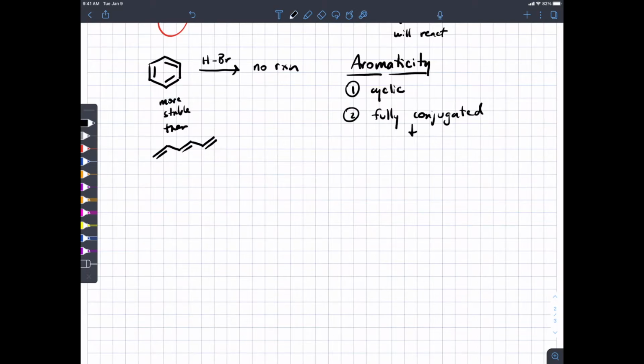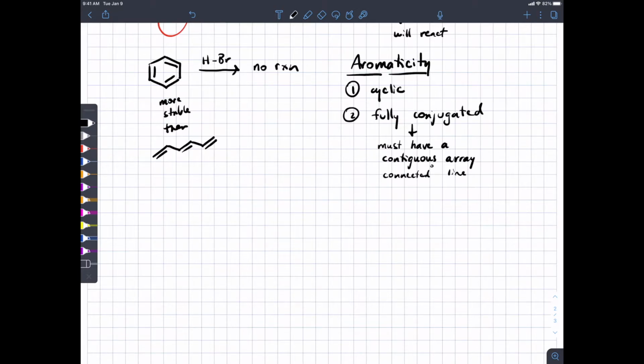What this really means from an orbital point of view, a molecule that is fully conjugated must have a contiguous array. That means sort of a connected line. Dang it. Probably should have made that easier.